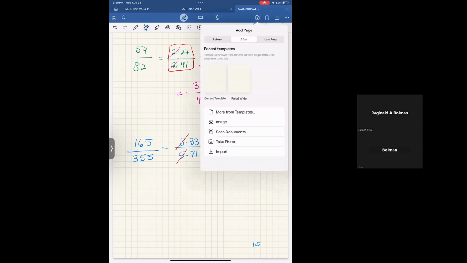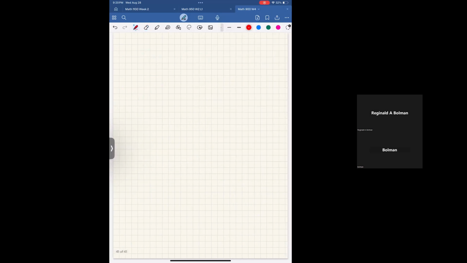Now, there are other methods for performing fraction simplification, and one is called the GCF fraction simplification method.